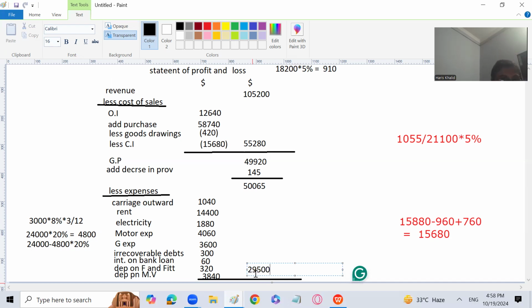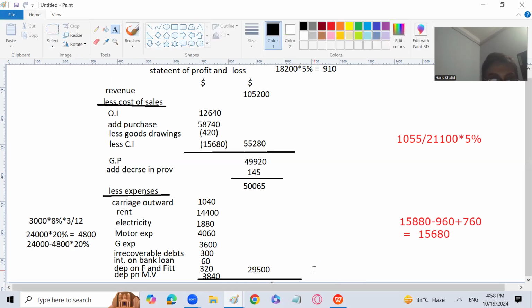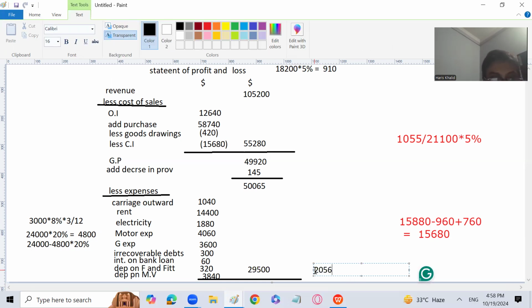So if you subtract 50,065... 500 minus 29,500, you will get the profit for the year, 20565. So the profit for the year is going to be 20565.